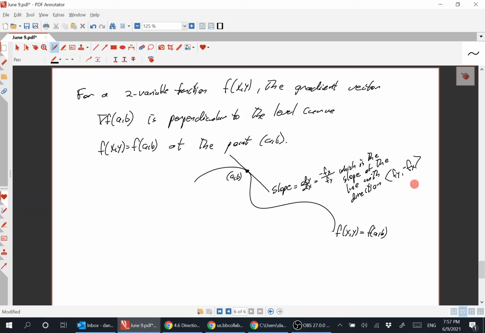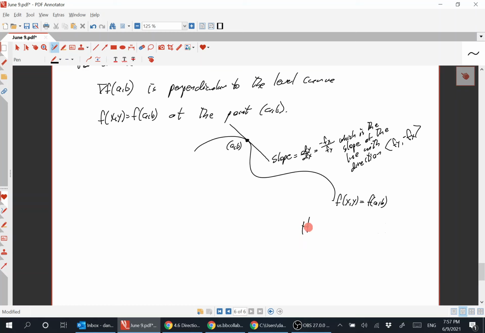But this vector (fy, minus fx) dotted with (fx, fy) is 0, right?